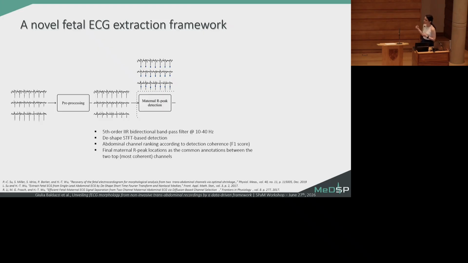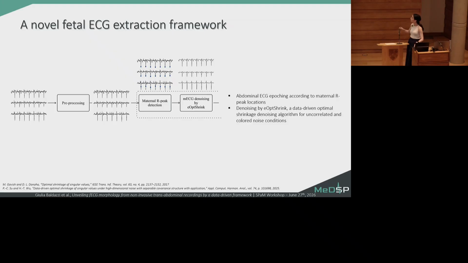So at first, we implemented an accurate maternal peak detection by selecting all the peak annotations that were in common between the two most coherent channels in terms of F1 score by leveraging the shape-shared short-time Fourier transform approach.